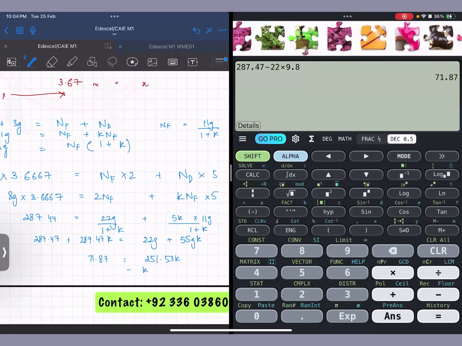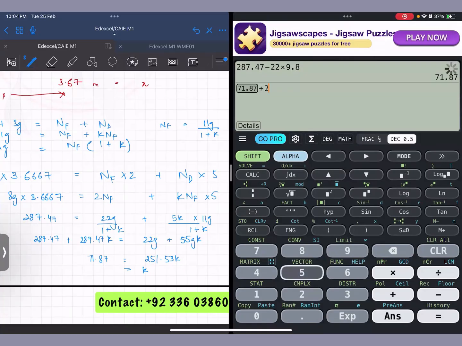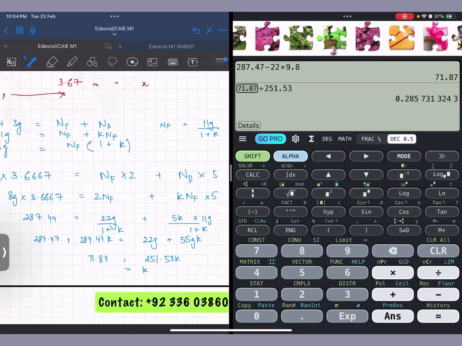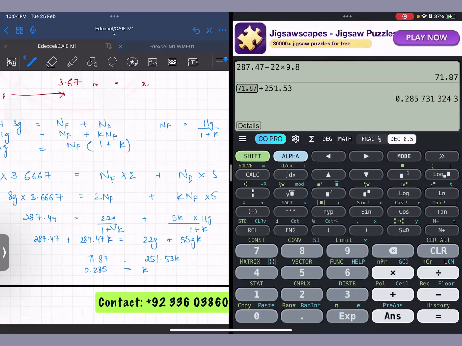So K comes out to be this answer divided by 251.53. So 0.2857. Okay, do you get it?